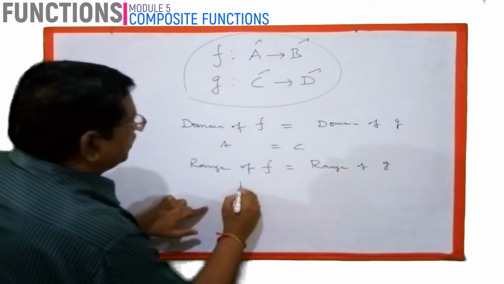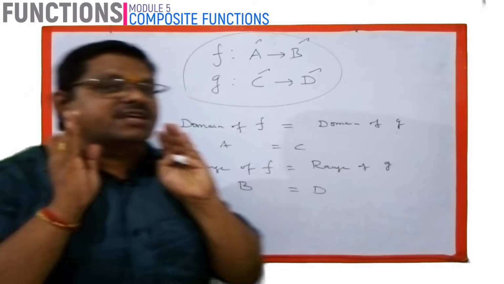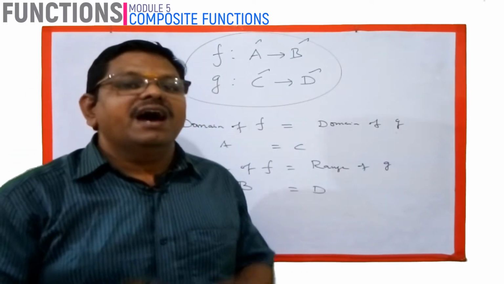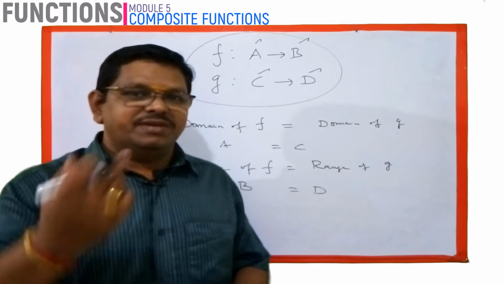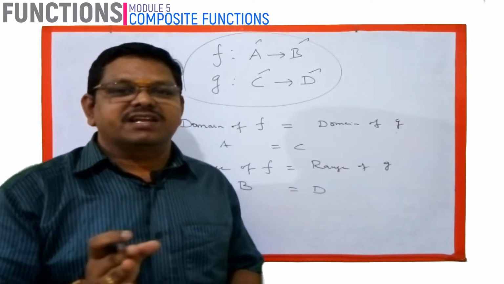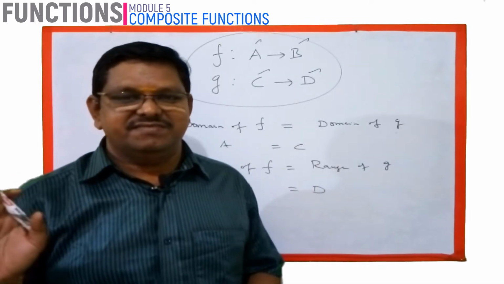That means B should be equal to D. If such functions are given to you, you can easily say that both functions are identical functions. So again I repeat it, identical function means both functions have the same domain and the same range.